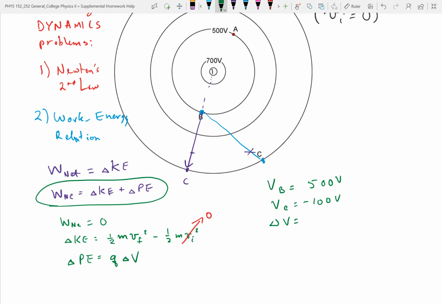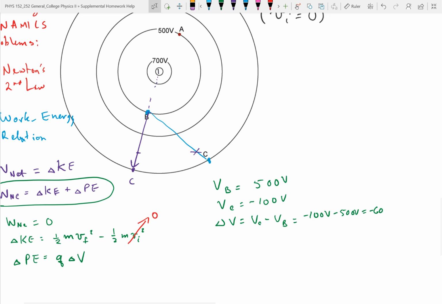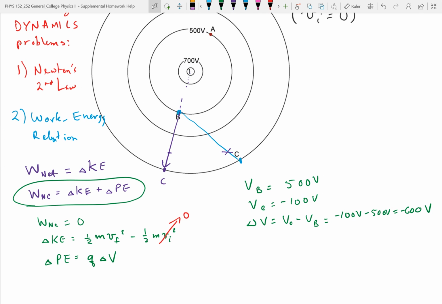So delta V is equal to VC minus VB, which is minus 100 volts minus 500 volts, equals minus 600 volts. I ran out of space. So I have my change in voltage.